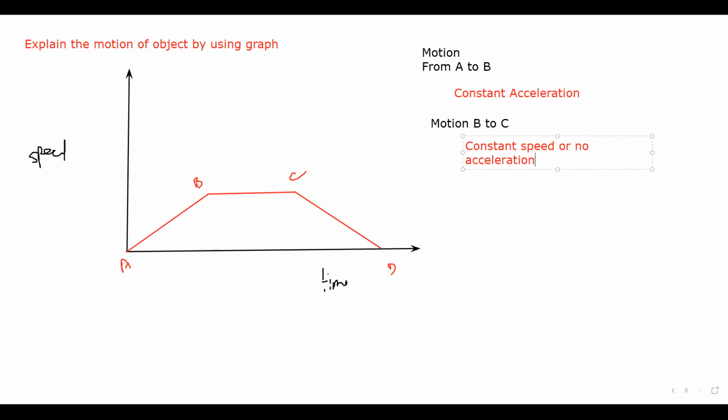Because it's a speed time graph, basically what is happening from A to B is that when the object is traveling from A to B, the speed is increasing at a constant rate.